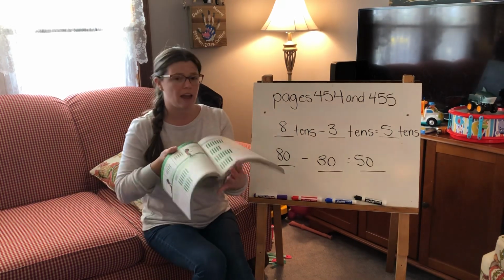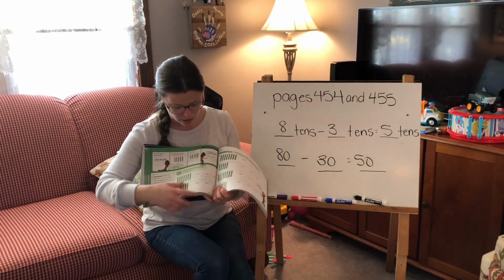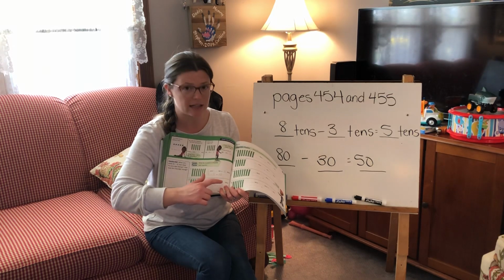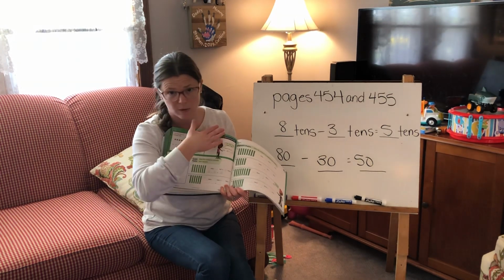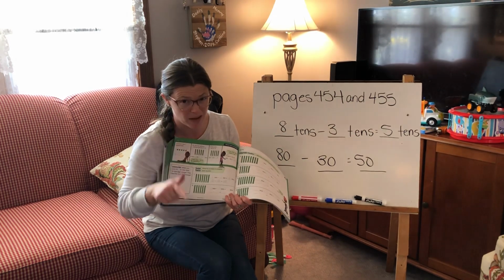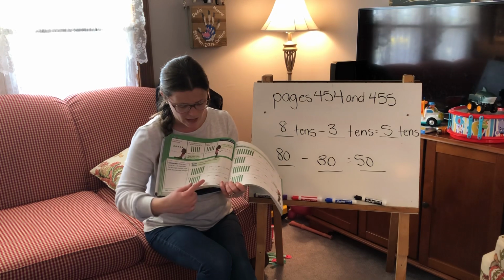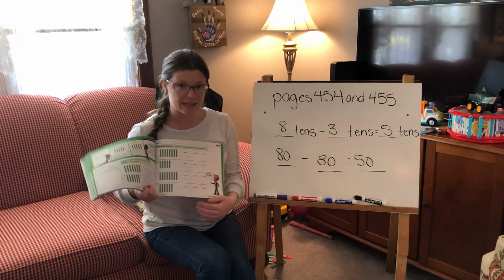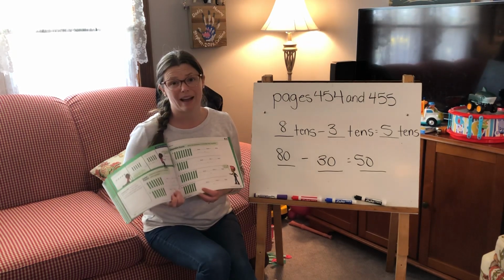They word it the exact same way that I did on my board. You'll see it says blank 10s minus blank 10s equals blank 10s. And they have pictures just like the ones that I drew, only theirs are even better because you can actually see the 10 sticks. And then you'll go ahead and write the real problem underneath. It's the same thing over here on this page. So you'll go ahead and do that.